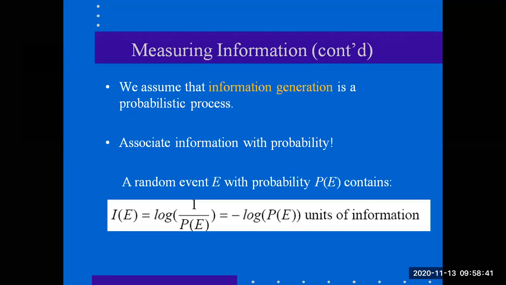Measuring information. Note down measuring information. I of E equals log of 1 by P of E, which equals minus log of P of E. If I of E equals 0, then P of E equals 1.